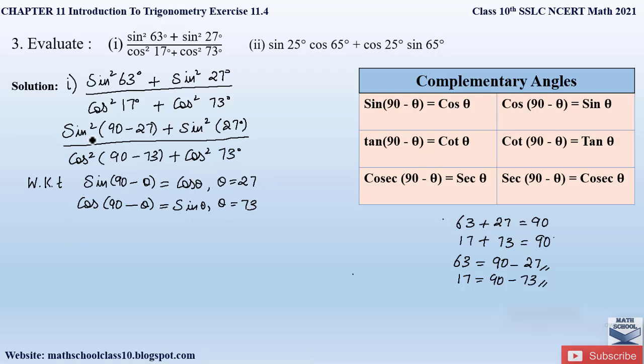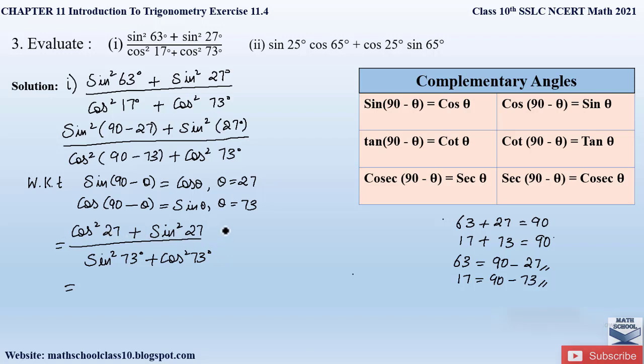Sine square of 90 minus 27 will become cos square 27 degree, plus sine square 27 degree, divided by cos square of 90 minus 73, which will become sine square 73 degree, plus cos square 73 degree.